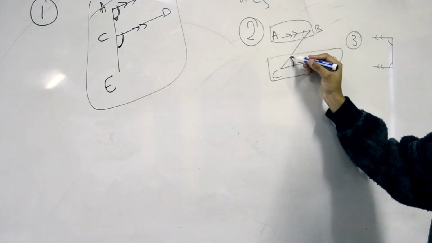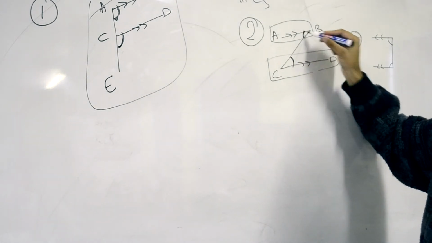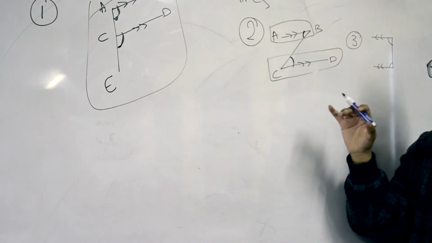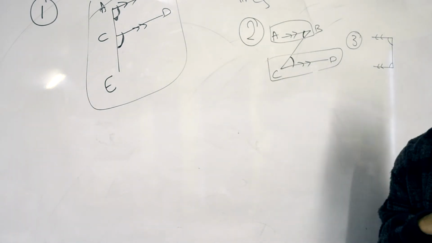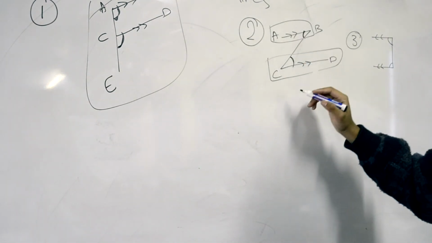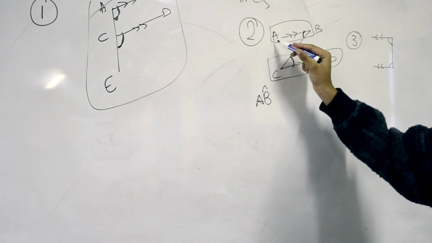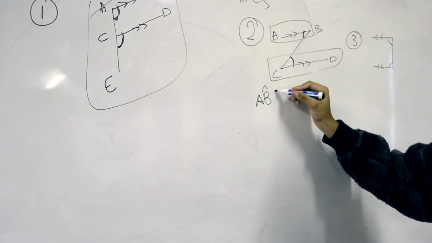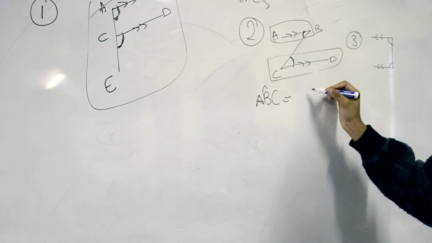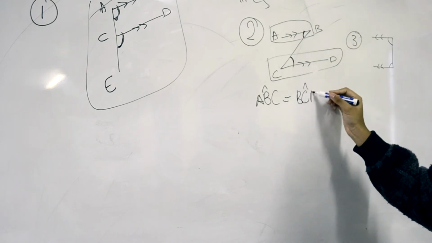In our Z we can see that our two angles over here are equal to each other. With alternating angles, if we're looking at this example specifically, angle ABC would equal angle BCD.